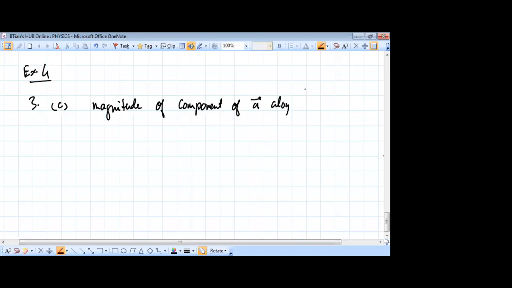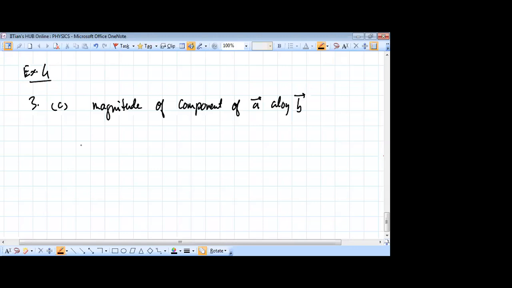So exercise 4, question 3, part C. Let's work this out. So in part C, we have to find out the magnitude of the component of A along B. We have to find out the magnitude of the component of a certain vector A, which is along another vector B, or along the direction of the vector B.